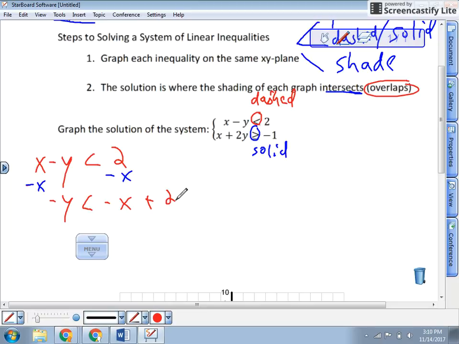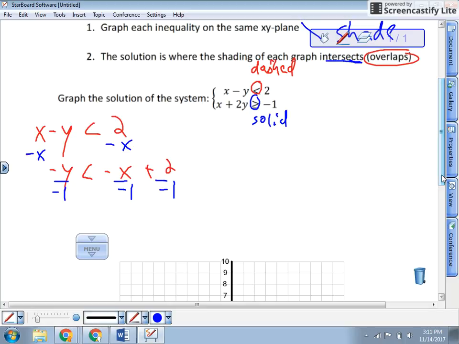Then we divide everything by negative 1, because we don't want negative y, we want positive y. When we divide by a negative, remember the sign needs to flip, so it goes the other way. So y is greater than, negative by negative is positive, x minus 2. So there's our first inequality.